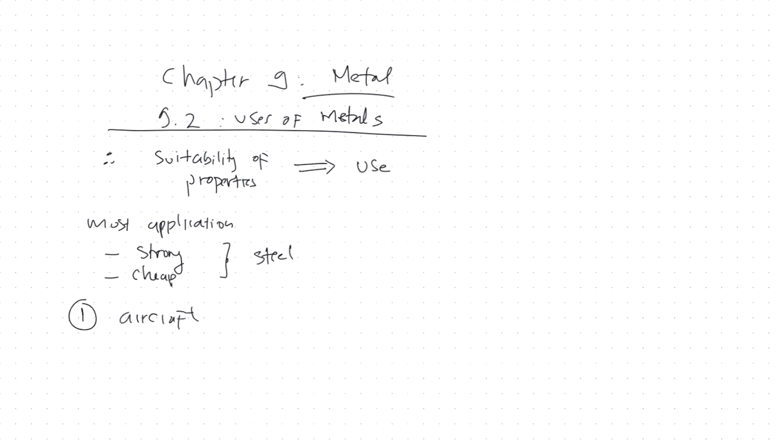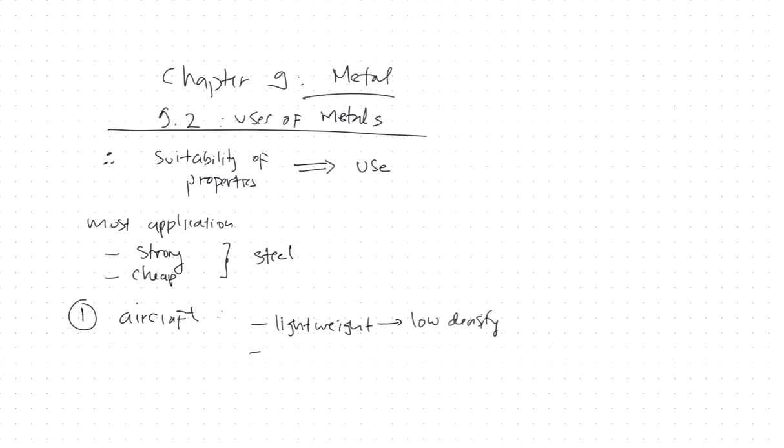Now, what are the properties that we want in an aircraft? Generally, it needs to be strong enough, just strong enough to hold the ship. The aircraft is not like a bridge which has to withstand a lot of mass other than itself. But we want it to be lightweight. We can get something lightweight if it is low density.